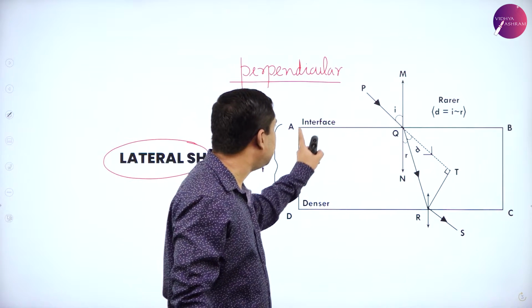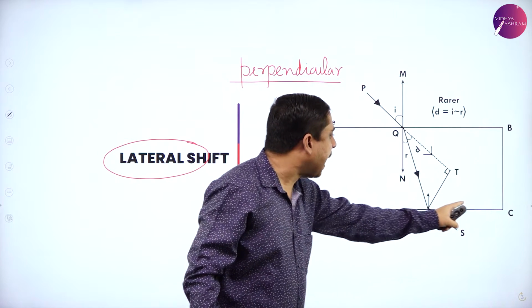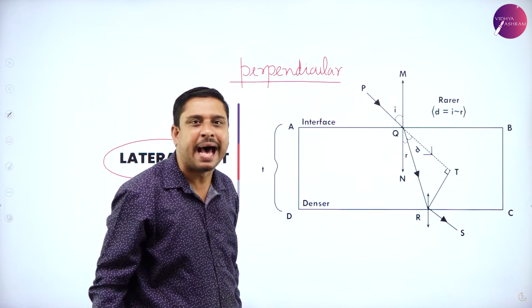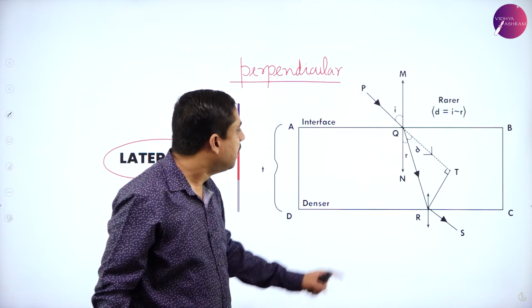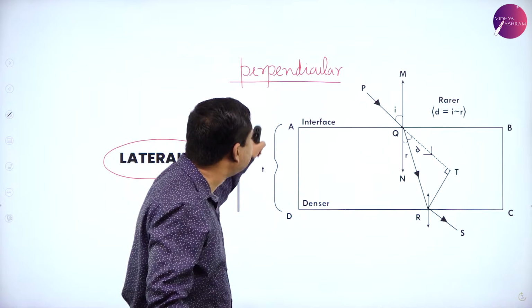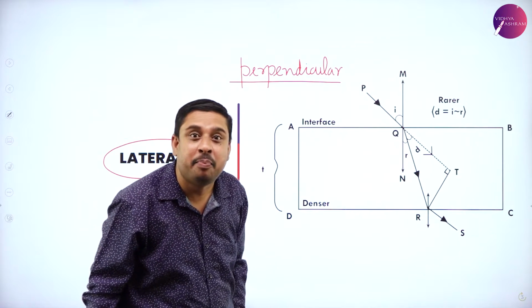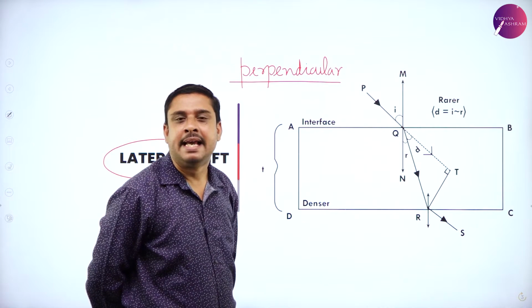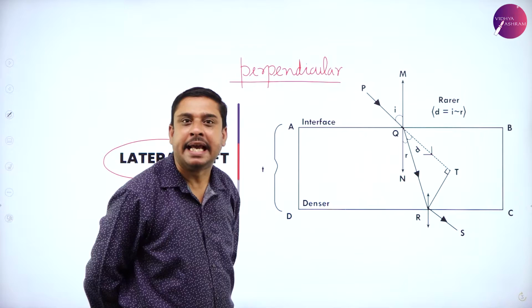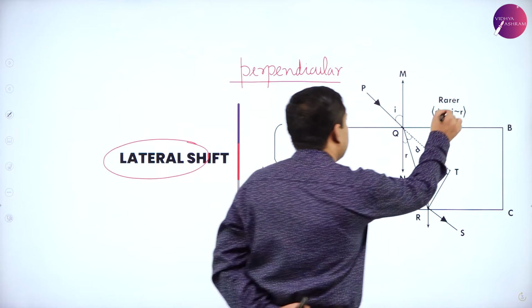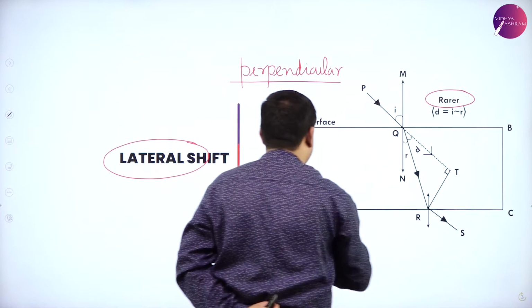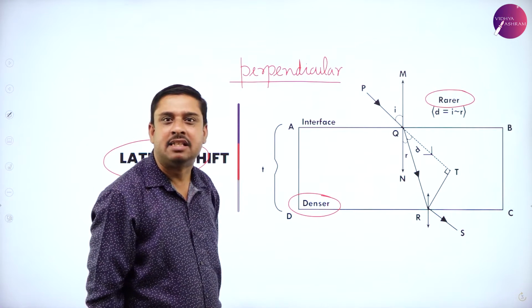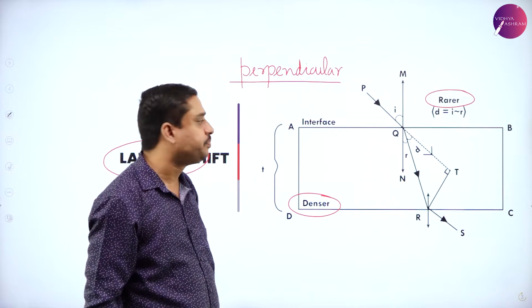Again, I consider a parallel-sided glass slab, which is placed in the air medium. The glass slab is surrounded by air. So air is the rarer medium, and the glass slab is the denser medium.